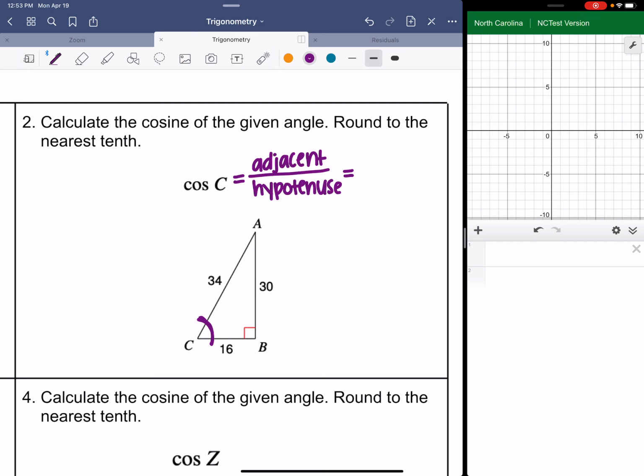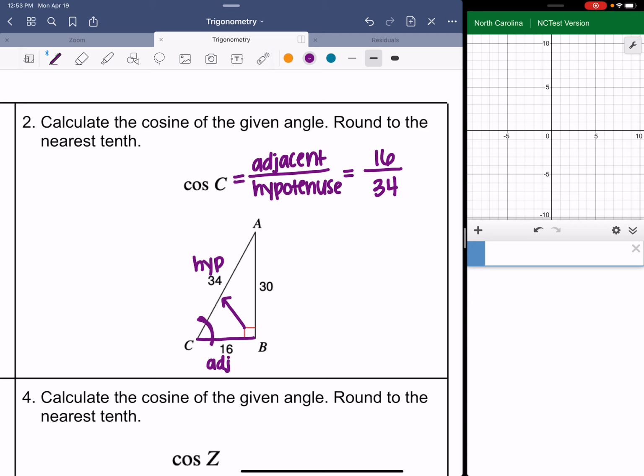So the adjacent side to angle C has to be 16. That's because 30 would be opposite, and 34 has to be the hypotenuse since it's directly across from the right angle. So the adjacent side, 16, over the hypotenuse, 34.